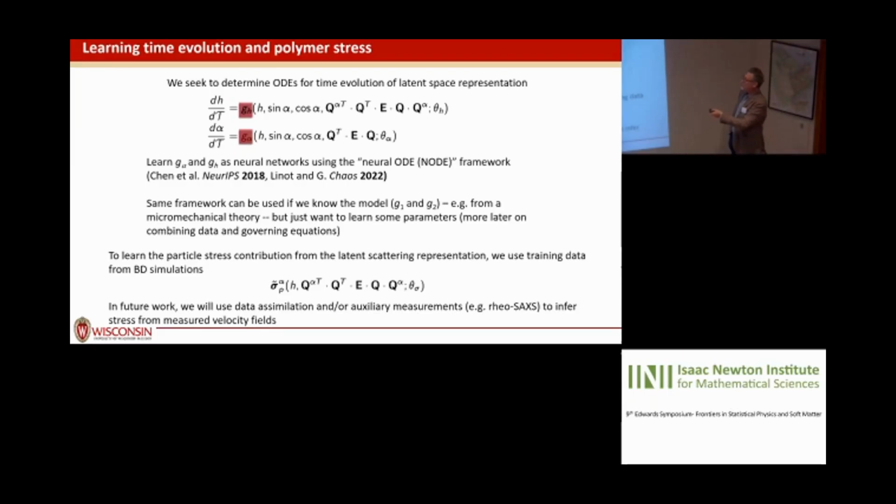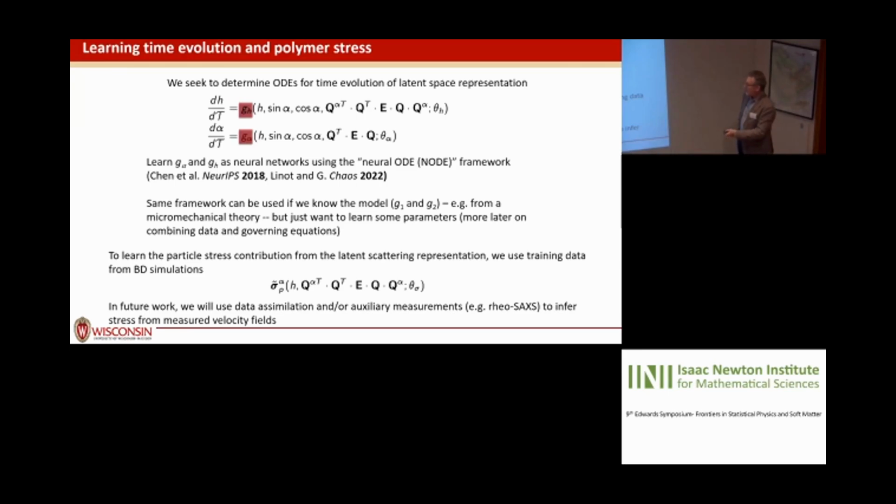Here, we've been completely agnostic to the structure of this. We just let the data determine it. If you know something about the structure, you can use the same framework, but only have your unknown parameters being, for example, you want to learn an interaction potential, but otherwise you have the governing equation. So you can do that as well.